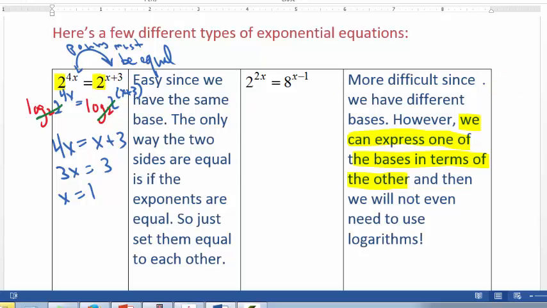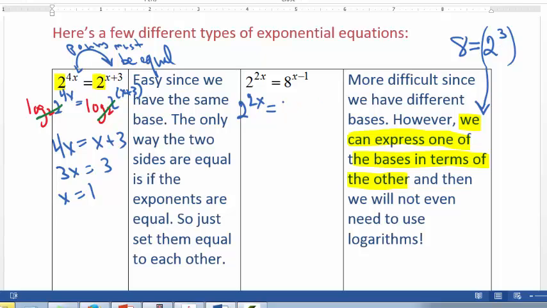So when I say express one of the bases in terms of the other, we can really say that 8, right, which is the one base, is really 2 to the third power. So what I can do with this equation here is rewrite it as 2 to the 2x, right? That one didn't change, but now I'm going to replace 8 with 2 to the third.